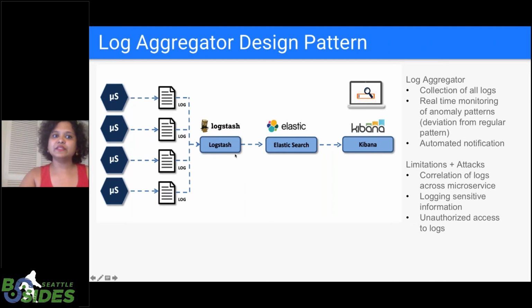Now, just like other design patterns that we discussed, this one is also not bulletproof. There are some limitations. It is the responsibility of the architect to make sure correlation of logs happens correctly. Then as a developer, we want to make sure that we do not log any sensitive information in our logs, such as session tokens, authentication tokens, or secrets.